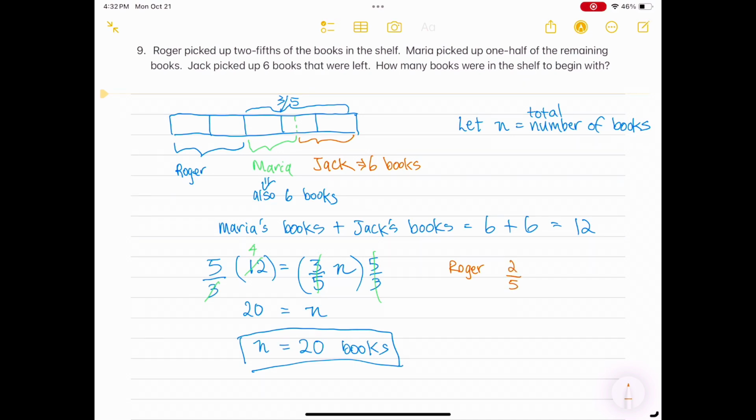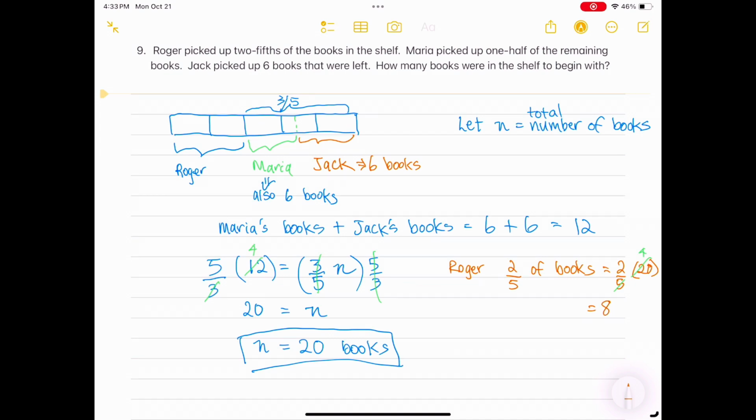If you have been watching all my videos in sequence and doing the practice problems with each video, you should be very comfortable by now doing these types of calculations with multiplying fractions. 2/5 times 20, we see, equals 8.